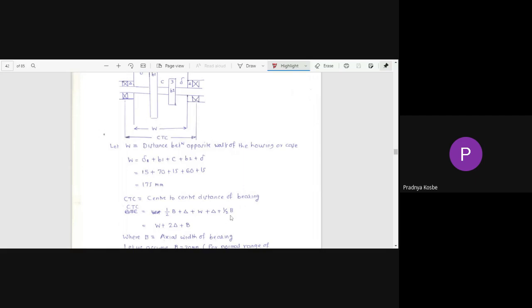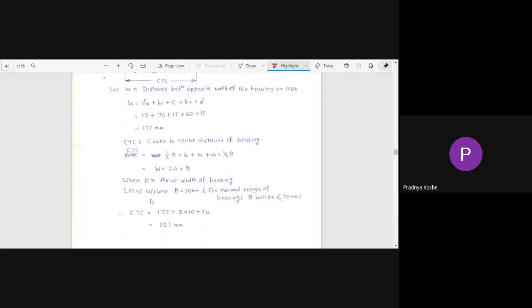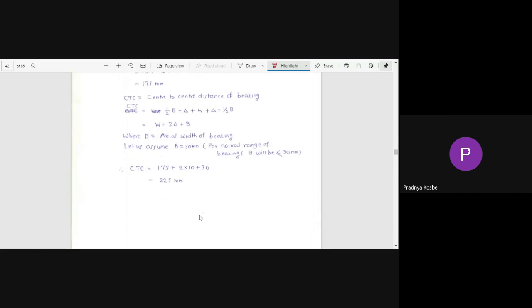So W plus 2 delta plus B. So here it is assumed that for a normal range of bearing, B will be less than or equal to 30 mm. So you will put in the values and you will get the answer.